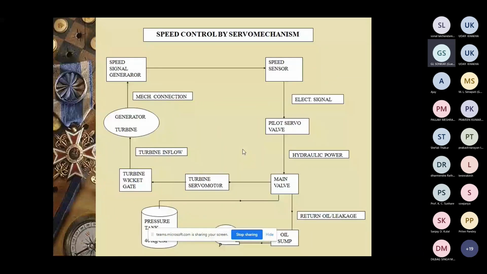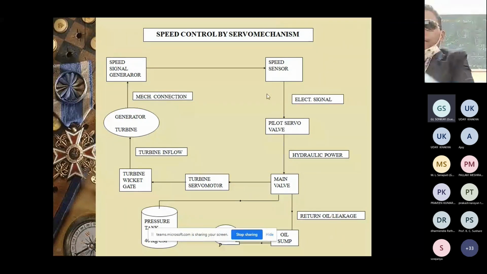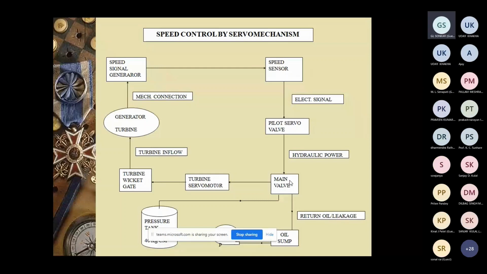These are the things: how the servo mechanism works, there are some sensors here, a speed signal generator is there, then we are sensing the speed signal, and then that speed signal goes to the pilot servo valve, then hydraulic power is there. Then there are two types of cubicles in the governor: one electro hydraulic cubicle, EGC, and one hydromechanical cubicle, HMC.